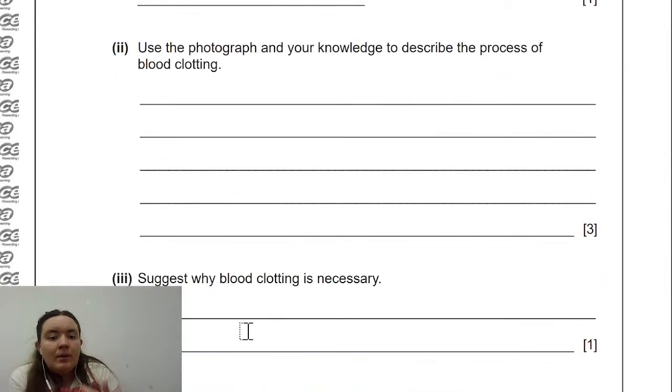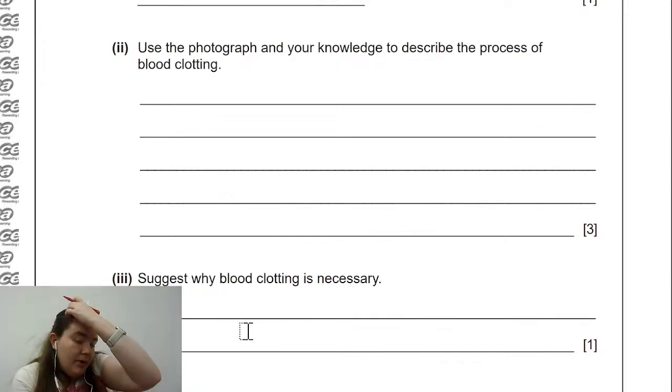Okay, and then suggest why blood clotting is necessary. Well, the reason blood clotting is necessary is that our bodies have a certain amount of blood that they need in order to perform the functions around the body, namely delivering oxygen to every single cell in the body.